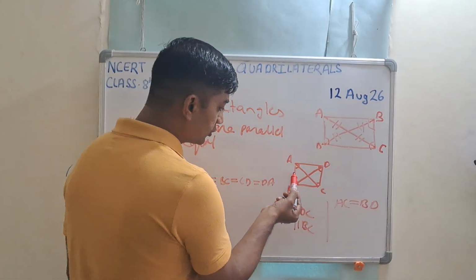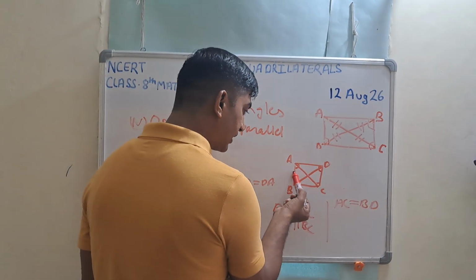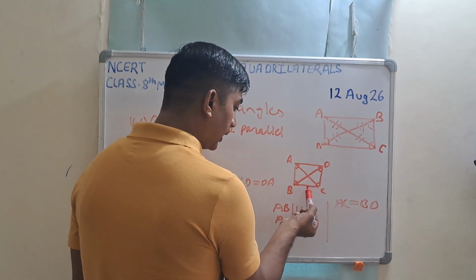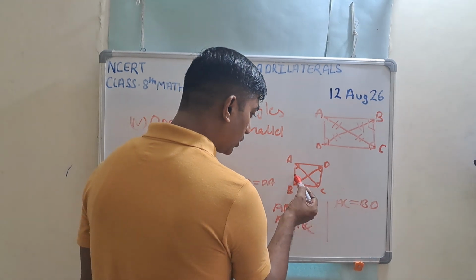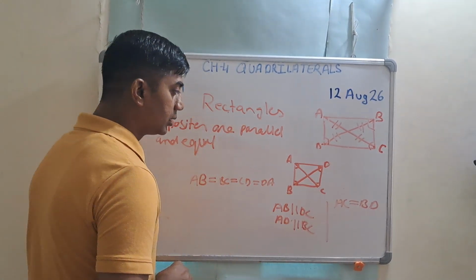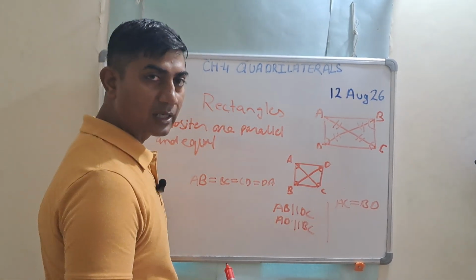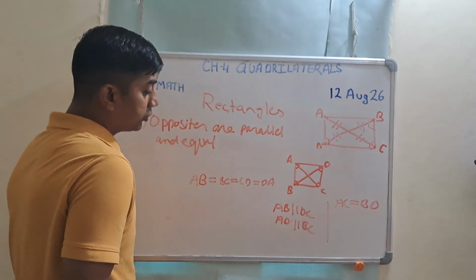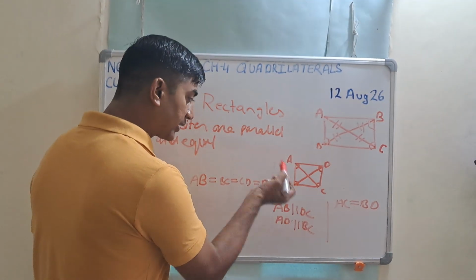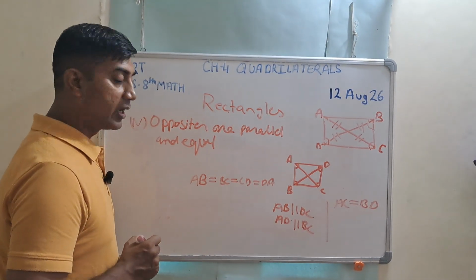Means this is also equal, this is equal to this, and this is equal to this also. All these are equal. In that case, is it a rectangle? Definitely, because this diagram has all the properties of the rectangle.